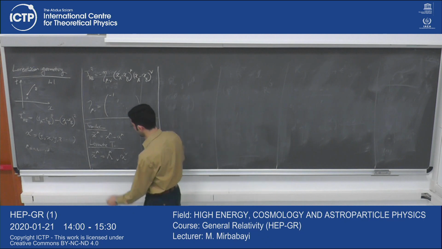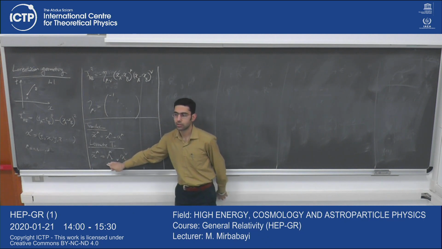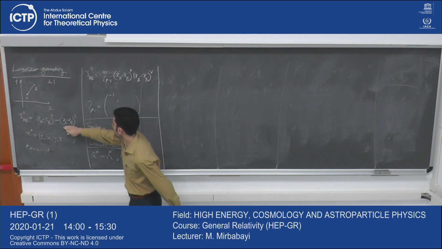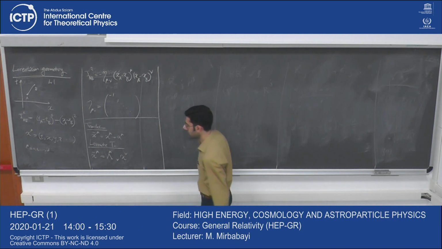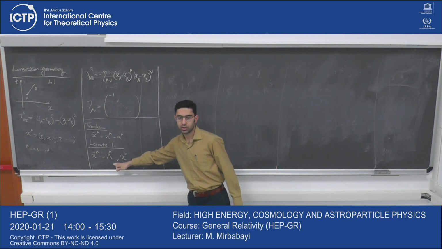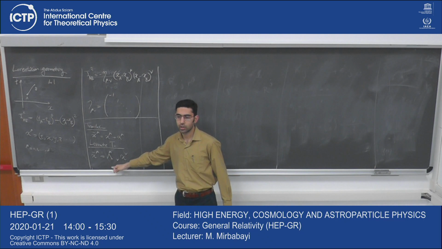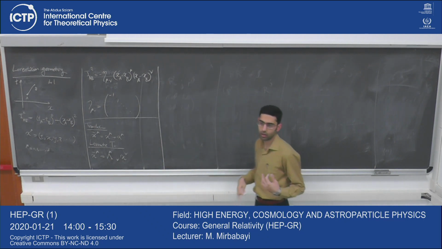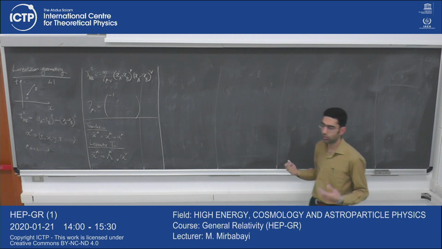The fact that this Lorentz transformation should preserve the interval puts a constraint on it, similar to the constraints that we have on rotation matrices. Remember, they had to be orthogonal: R times R transpose had to be 1.